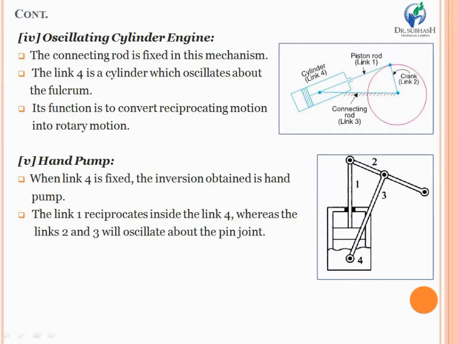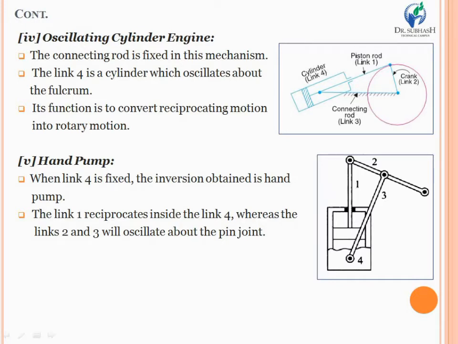Now the piston rod and piston work with rotational motion, both links perform the required operation. The prime objective of this mechanism is to convert reciprocating motion into rotary motion.